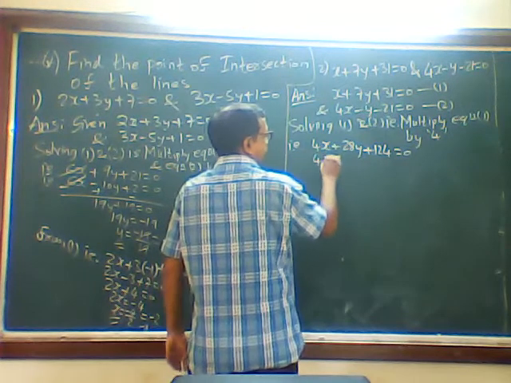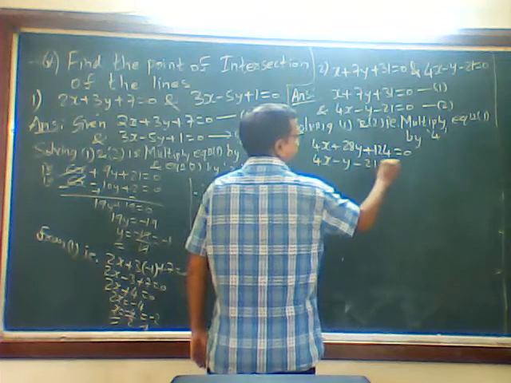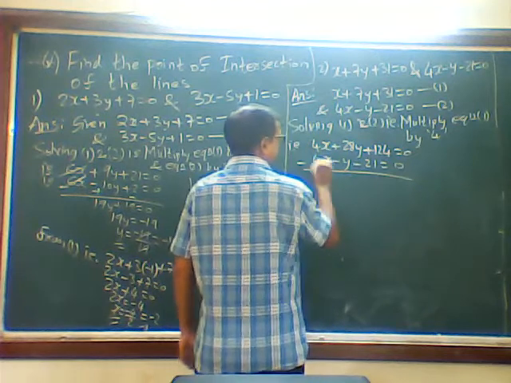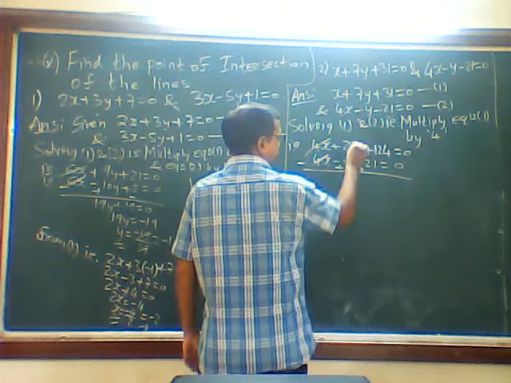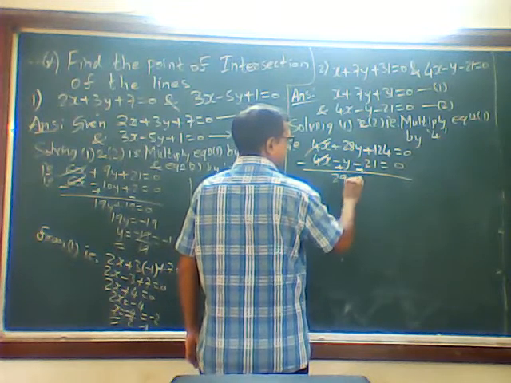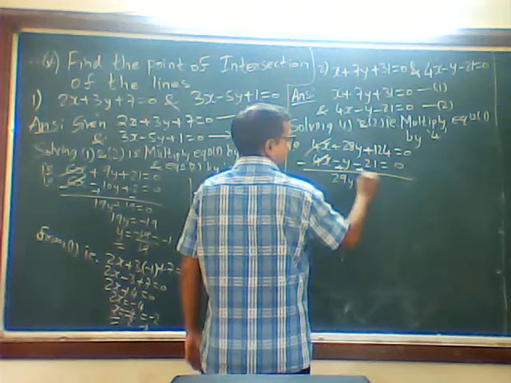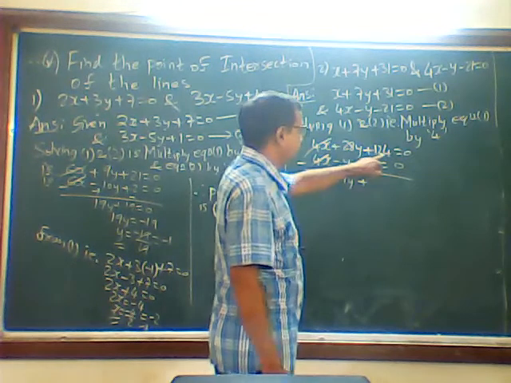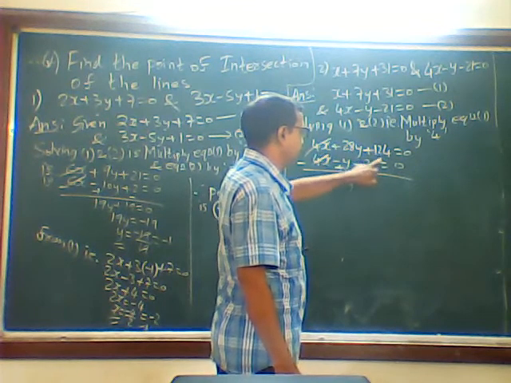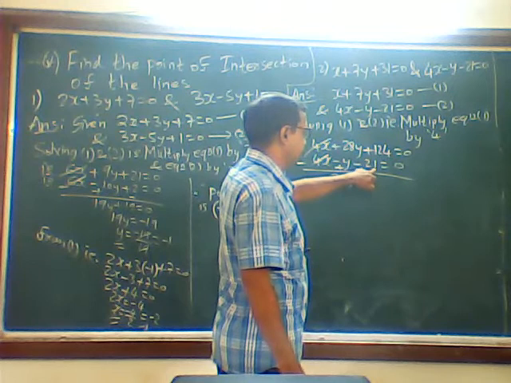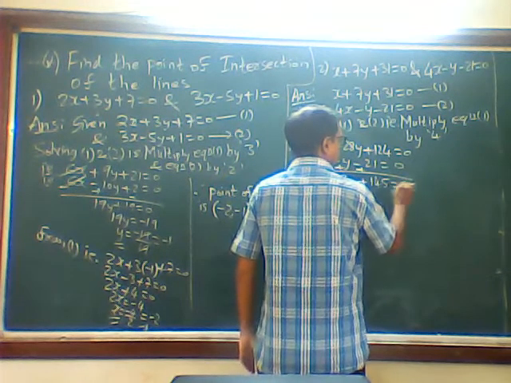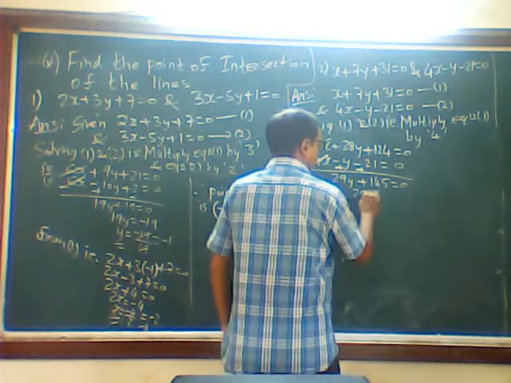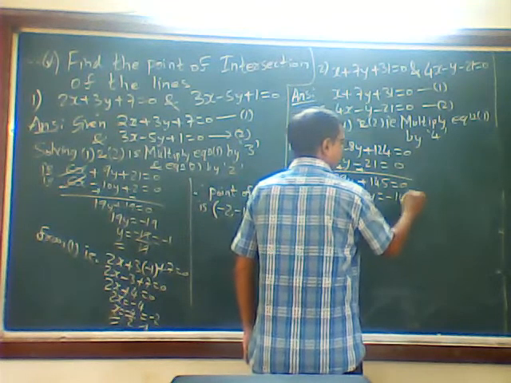Next, 4x minus y minus 21 is equal to 0. Subtracting, 28y plus y is 29y, and 124 plus 21 is 145. So 29y is equal to minus 145.